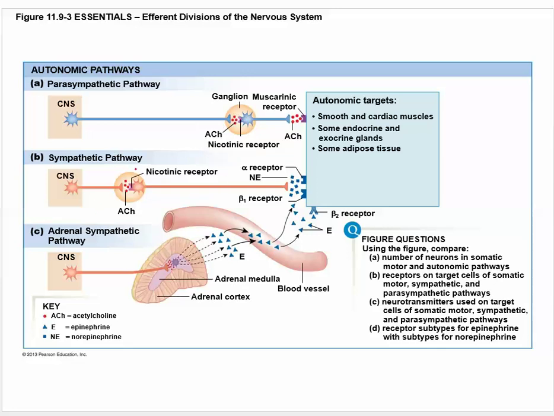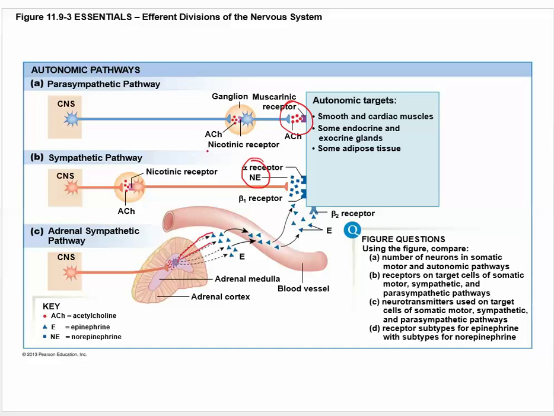Okay, and then the difference, in addition to the length that I had talked about, is that parasympathetic releases acetylcholine, sympathetic releases norepinephrine when we're talking about nerves. When we're talking about the adrenal gland, again, it releases acetylcholine, and then it releases epinephrine.